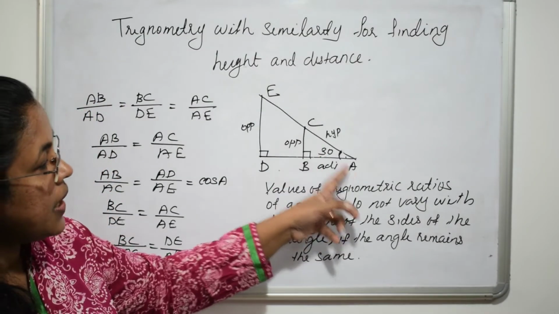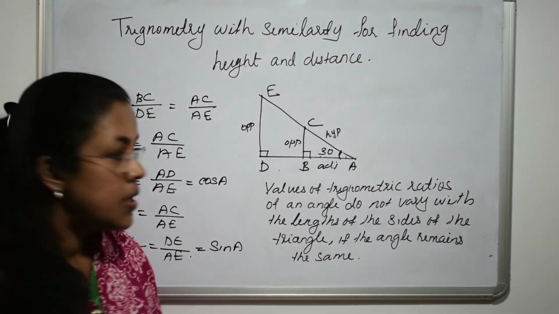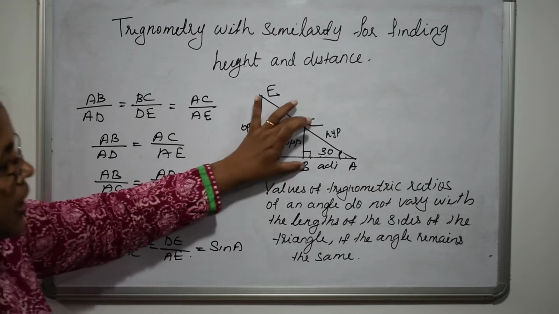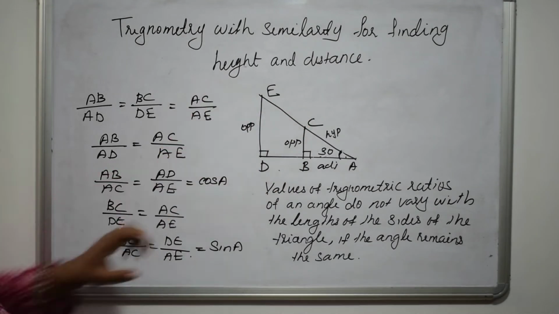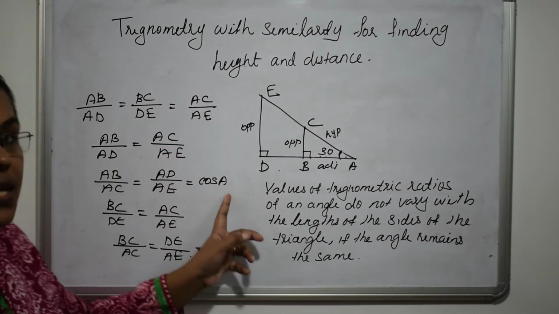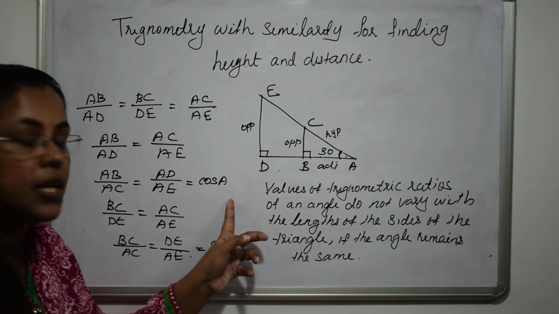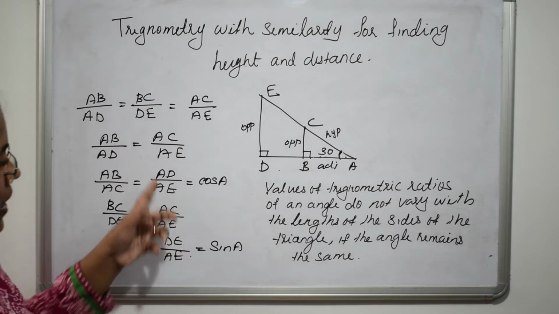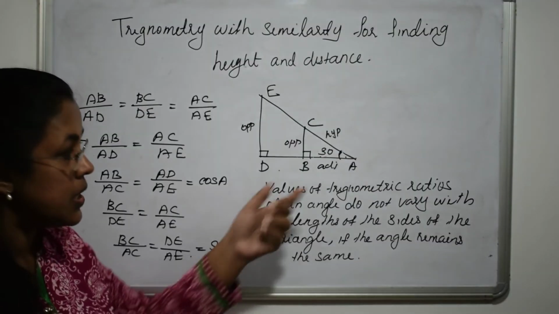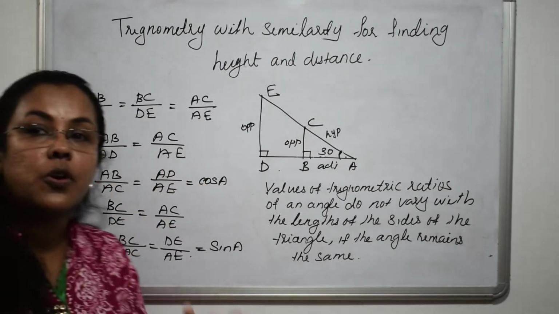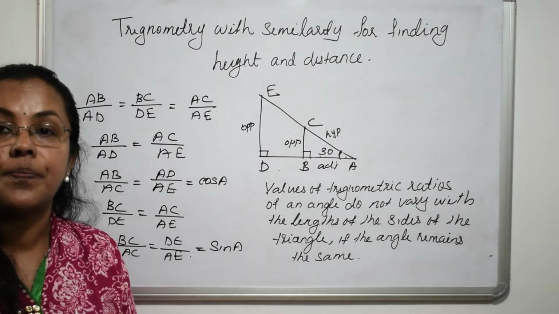Let me take angle A as 30, then for the small triangle as well as the large one, the value remains the same. AB by AC represents cos 30, AD by AE is also cos 30. Whether it is a small triangle or large triangle, the value of cos 30 is the same.